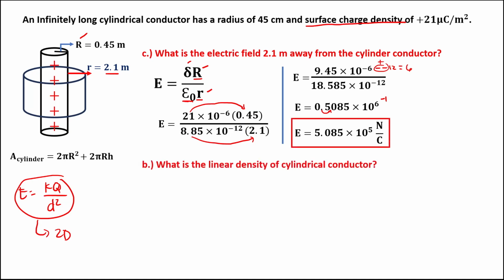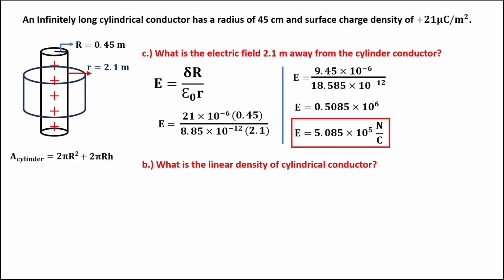Then for the last one, what is the linear density of the cylindrical conductor? To solve for the linear density, lambda equals the surface charge density times 2 times pi times the radius of the cylindrical conductor. The actual formula for the linear density is the total charge over the height or the length.